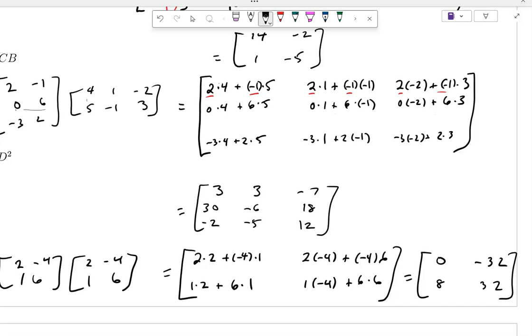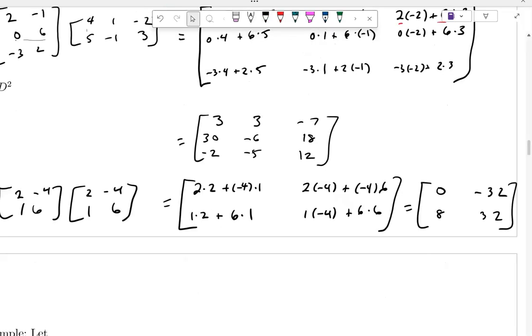Questions on that one? Are we comfortable with multiplying these things with these definitions?